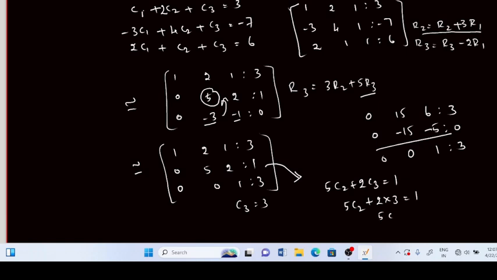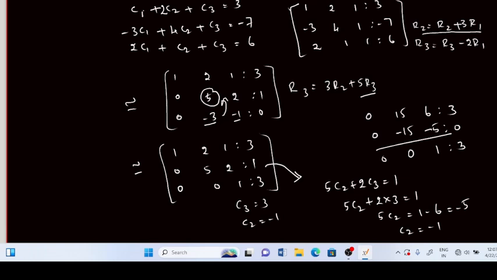So 5 times C2 equals 1 minus 6, bringing it to the right hand side, which is minus 5. Dividing, we get C2 equals minus 1.